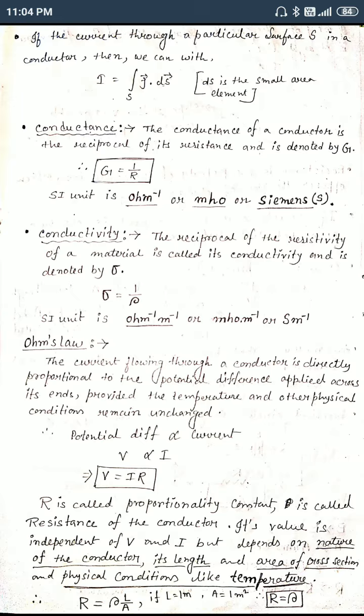As the temperature of a conductor increases, the collisions increase, because inside the conductor many atoms are there, and many free electrons are there. So when the temperature of a conductor increases, the collision between the electrons increases.